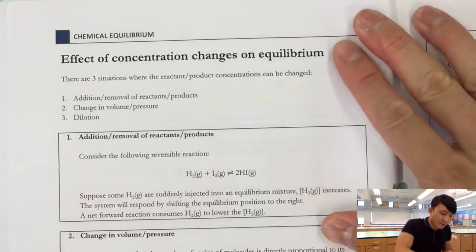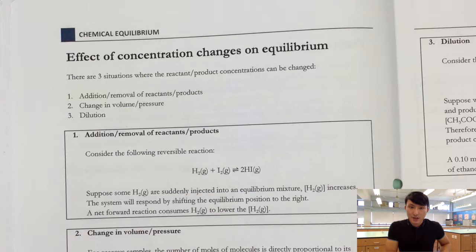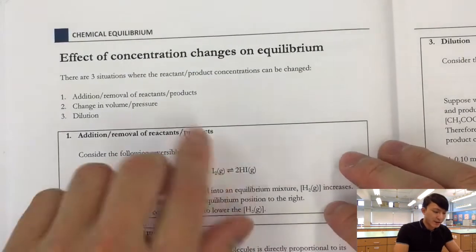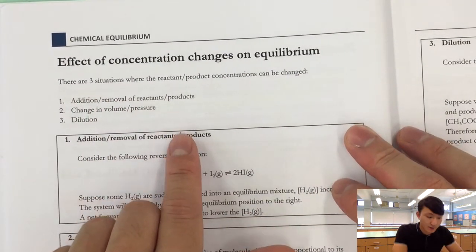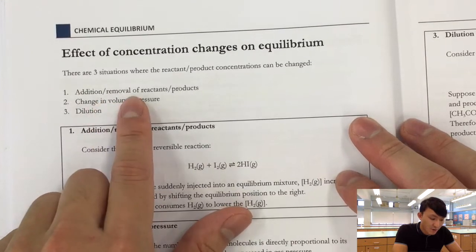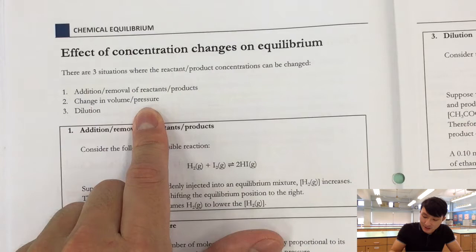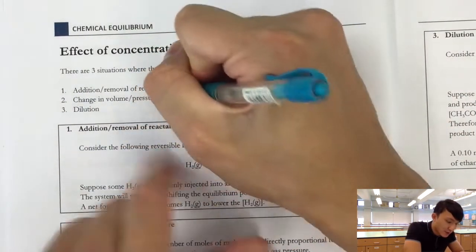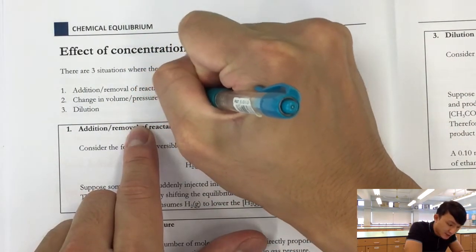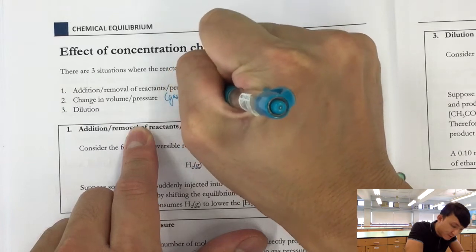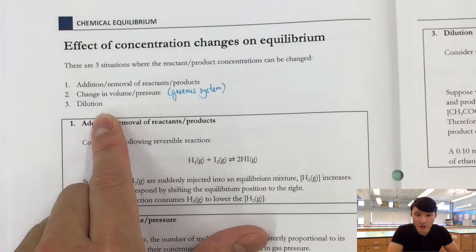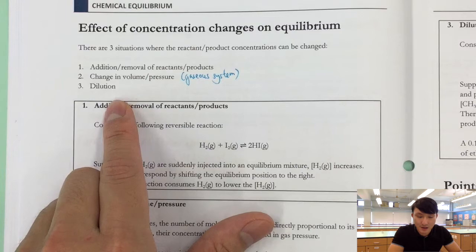Here we will start by looking at the concentration changes. There are 3 situations where the concentration can be changed. We can add or remove reactant or product. We can change the volume and pressure, and this one is exclusively for gaseous systems. And lastly, dilution, talking about some aqueous solution.